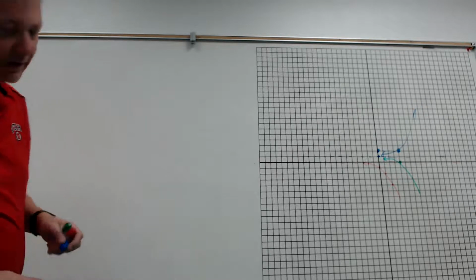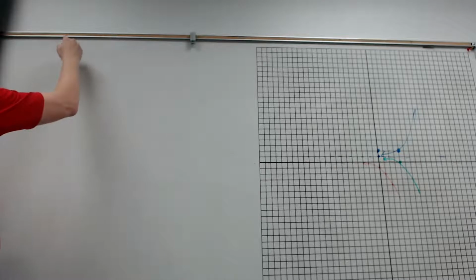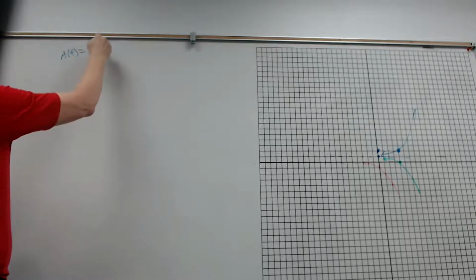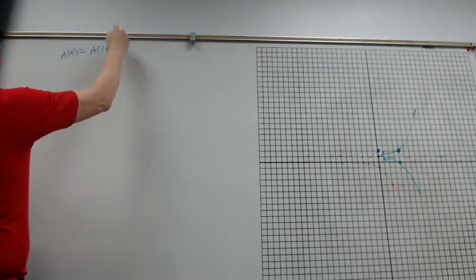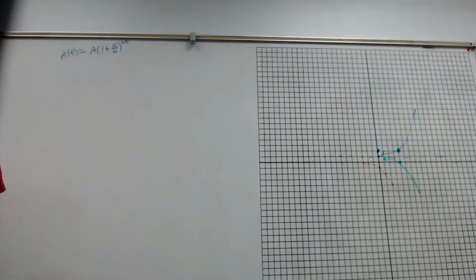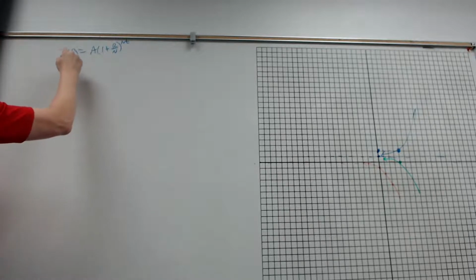But you'll be paying that exponential interest every day of that loan. Okay? So I've got a formula for you here. A of t equals a times 1 plus r over n to the mt power. Okay? This is your compound interest formula.